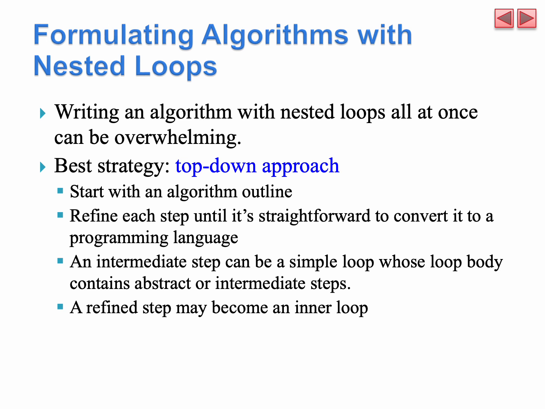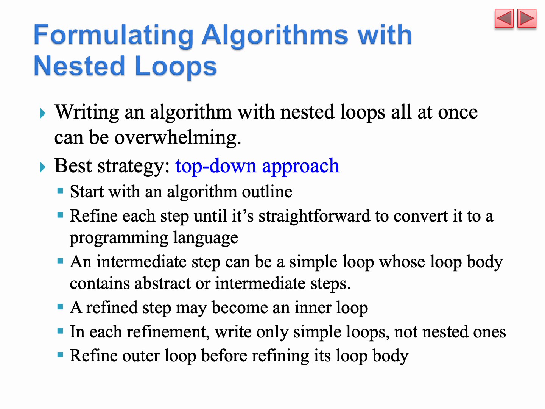But during the refinement process, an intermediate step can be a simple loop whose loop body contains abstract or intermediate steps. A refined step may become an inner loop. That's how the nested loops are formed eventually. The rule of thumb is that in each refinement, write only simple loops, not nested ones.